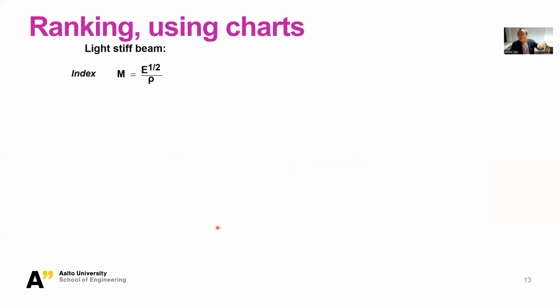Basically, you can just rank them in a table, and then pick the top one after you apply the constraints. That's your material. But that's a little bit boring. It's not so straightforward. So here I'm showing you how to use the charts to do a ranking, basically how to use the Ashby diagram to do ranking.